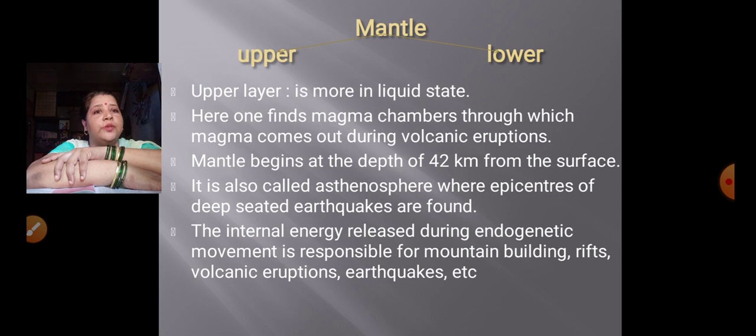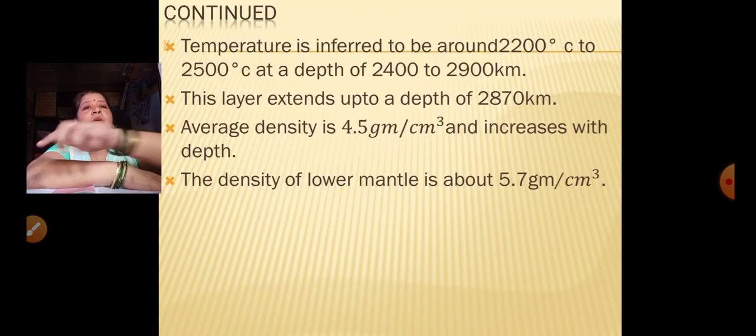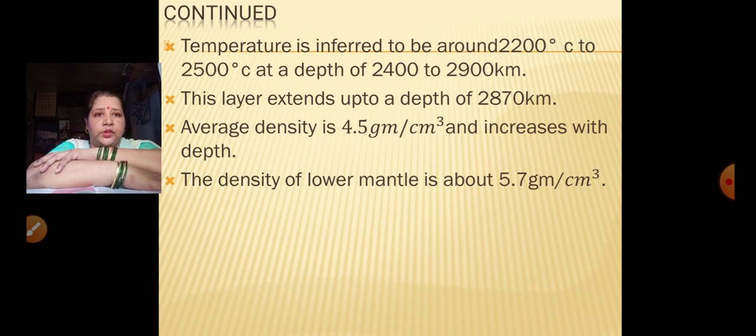Movement is responsible for mountain building, rifts, volcanic eruptions, earthquakes and many things. So, mountain building, rifts, volcanic eruptions, earthquakes, all these are the result of internal energy which is released from the upper mantle.